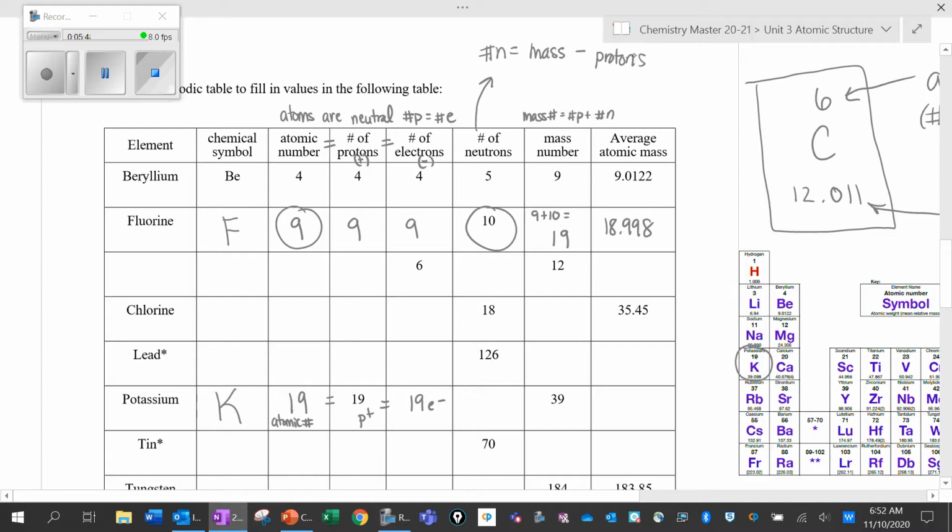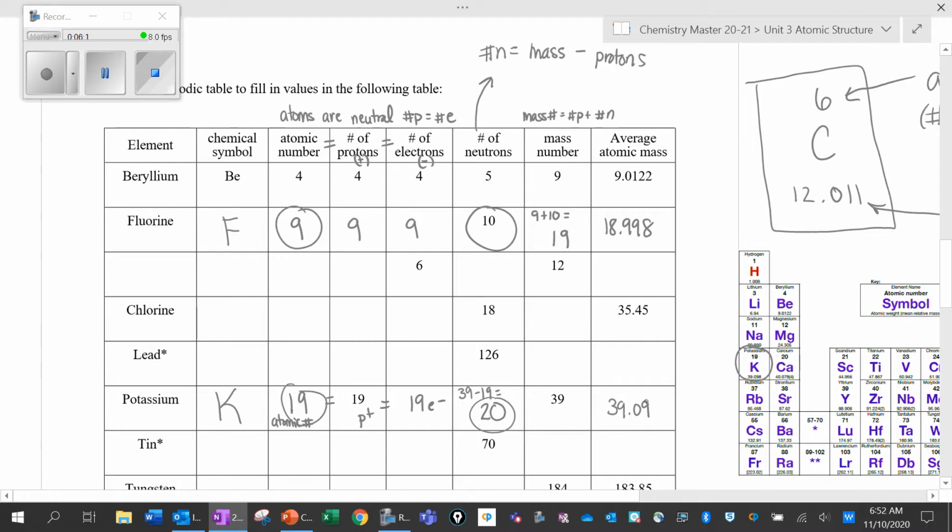So the number of neutrons would be 39 minus 19. Looks like I have 20 neutrons. Notice how 19 plus 20 adds up to 39. Looks good. My average atomic mass is the number on the bottom. This looks like it's 39.09.